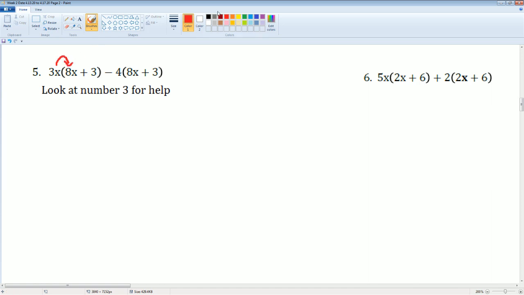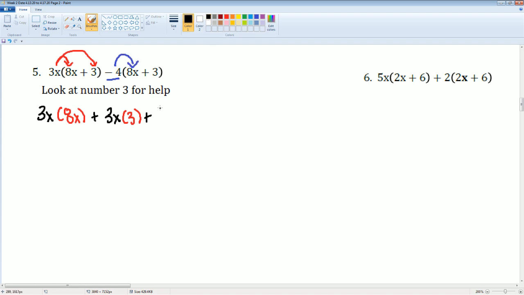All right. So 3x times 8x. So that's 3x, that's going to be multiplied to the 8x. Okay? Plus 3x times 3. So that is your 3x times 3, plus, be careful, this is negative 4, so negative 4 times 8x.